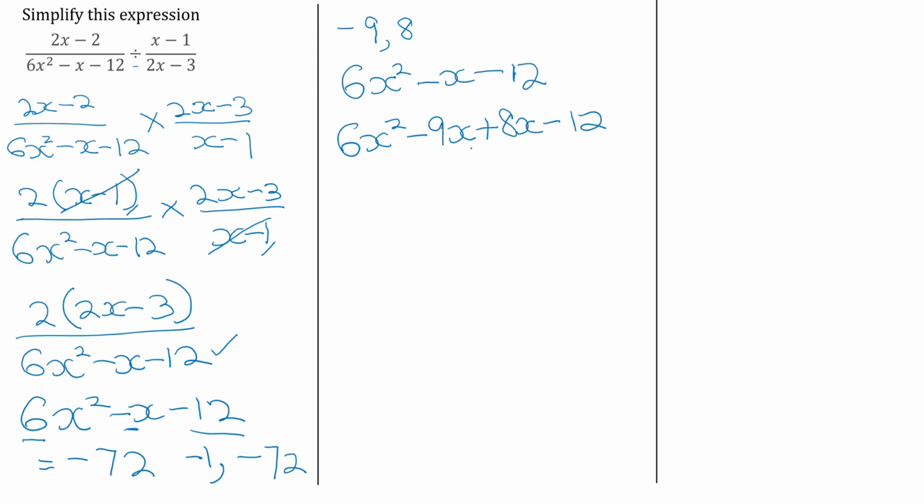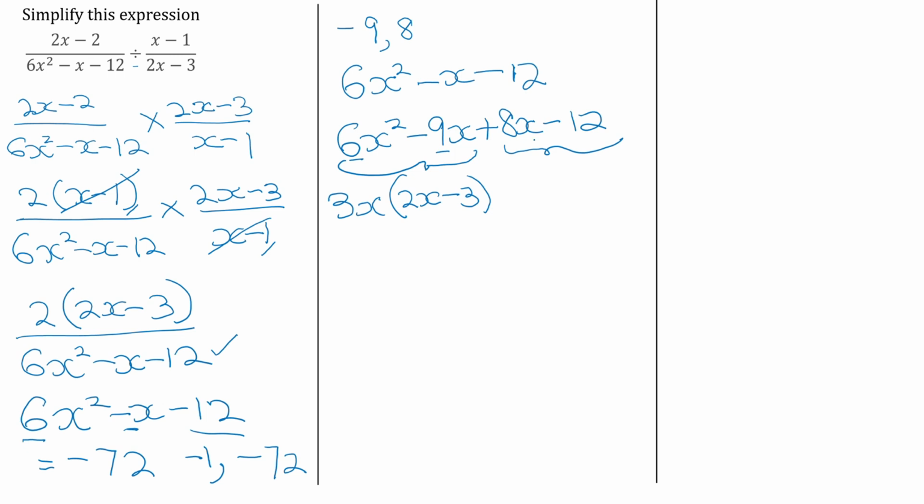When you take a closer look, you can separate this into two. So in the first section, we have a common factor here, which is 3x. Into brackets, you have 2x minus 3.